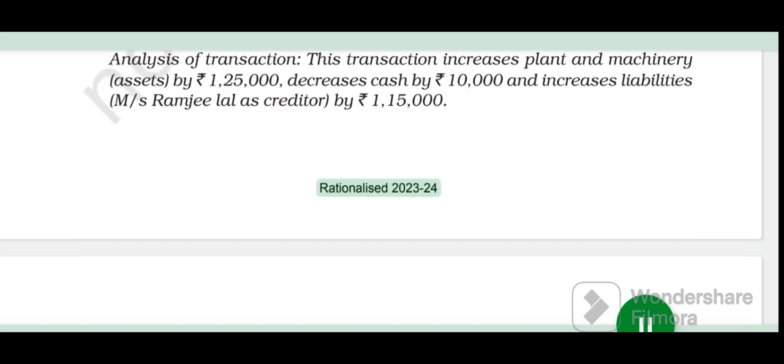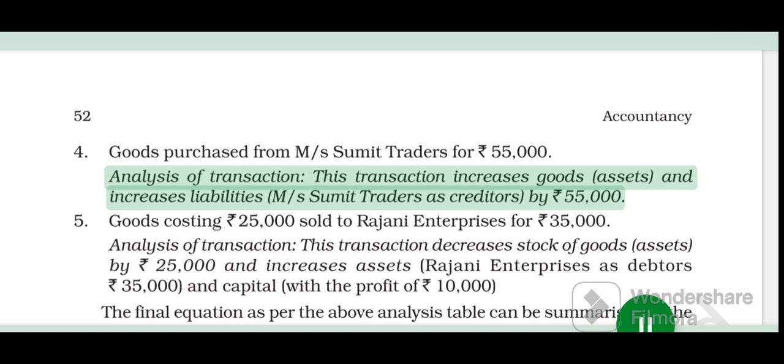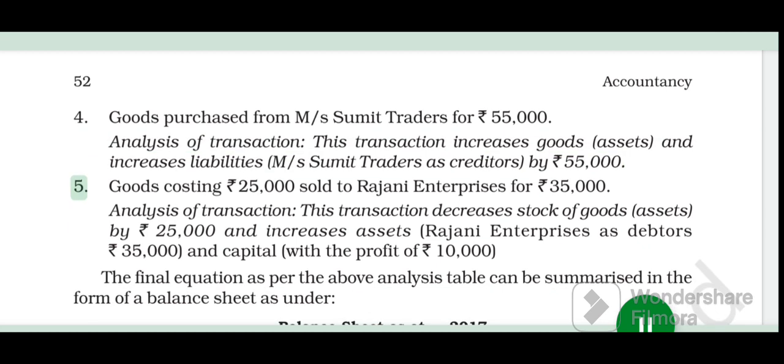4. Goods purchased from M.S. Sumit Traders for $55,000. Analysis of transaction: This transaction increases goods, asset, and increases liabilities, M.S. Sumit Traders as creditors, by $55,000. 5.